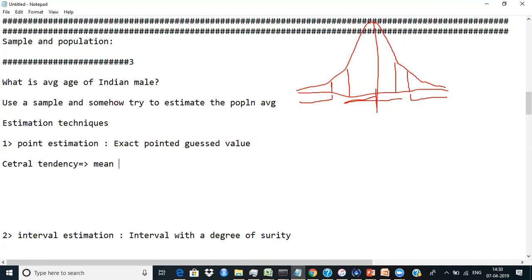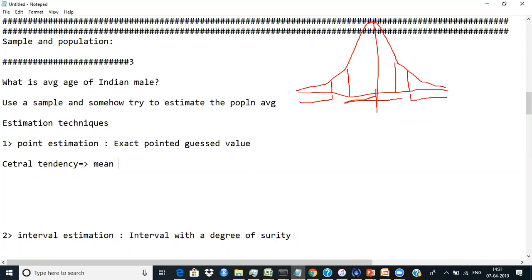So whenever we talk about point estimation of central tendency, we will be talking about estimating the mean or the population average. Make sense? Now, there are two concepts here: population average, sample average. All of you understand the difference? Population average is a hypothetical number that you may or may not know, which is calculated on the full population. Sample average is a number which is calculated on the sample that you have.